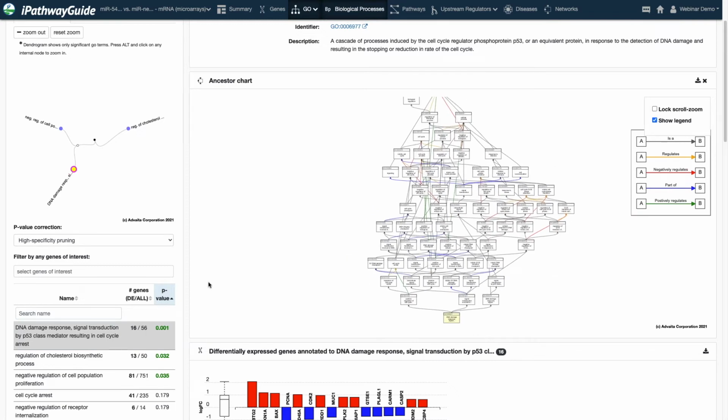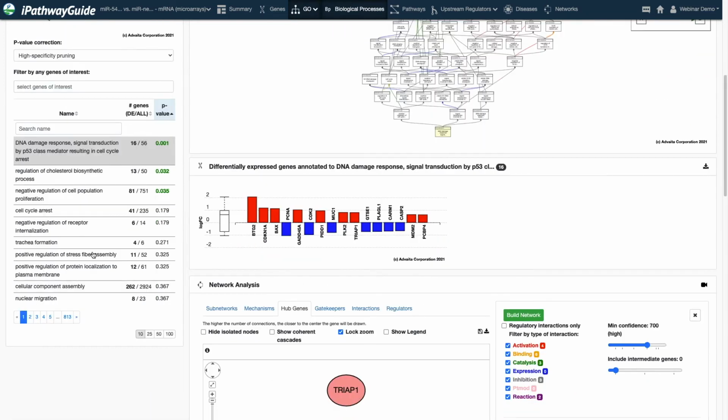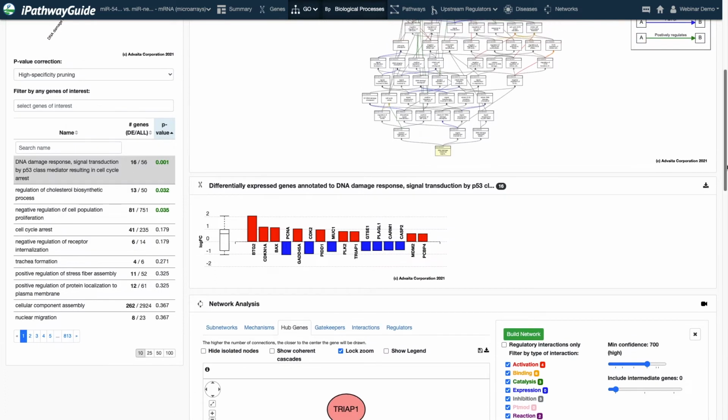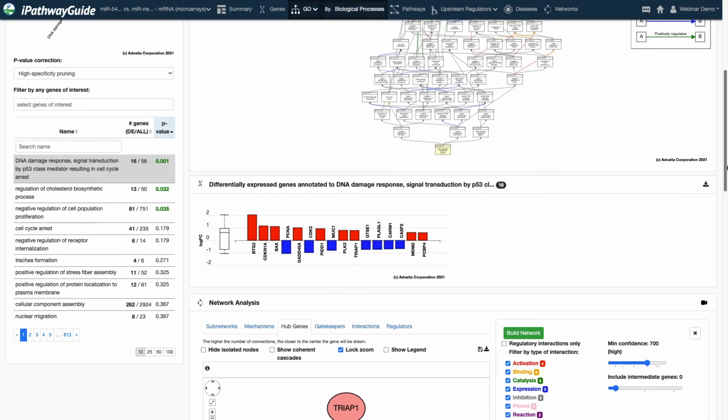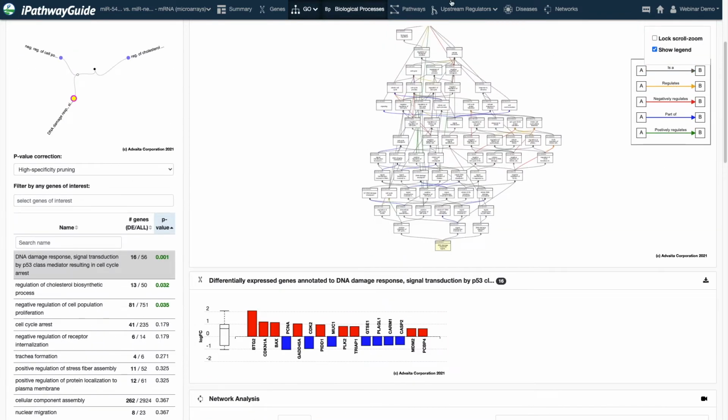This is a biological process that tells us something about what's going on in these cells. So that's really how to get at some nitty-gritty information about the biological processes. The same exact thing goes for molecular functions and cellular components.